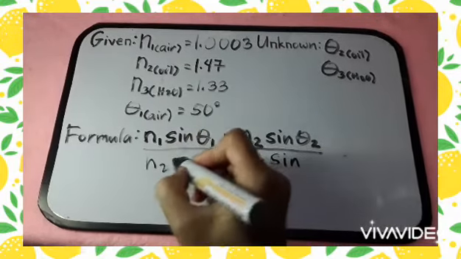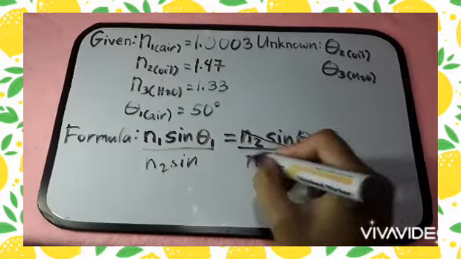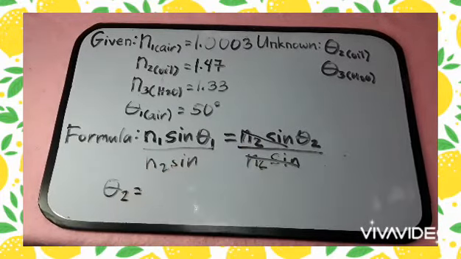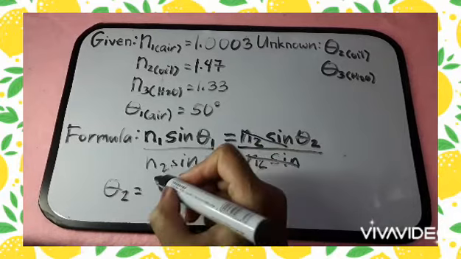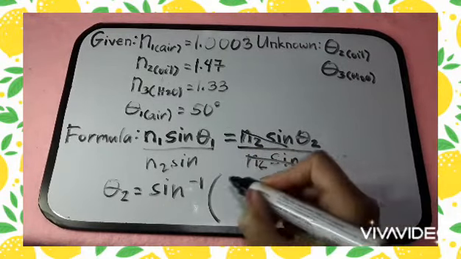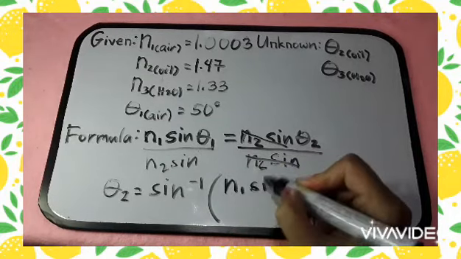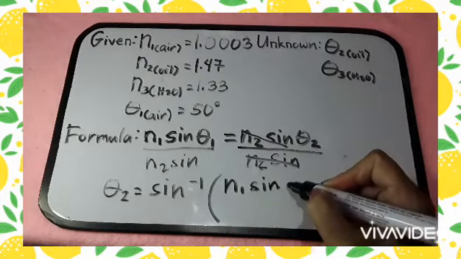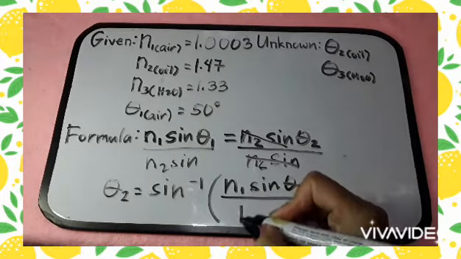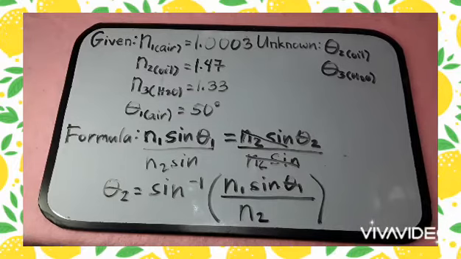So let's cancel. So the formula for the angle of refraction in oil is equal to sine raised to -1 times the index of refraction of air times the sine of the angle of incidence, divided by the index of refraction of oil. This is for the interface of air and oil.